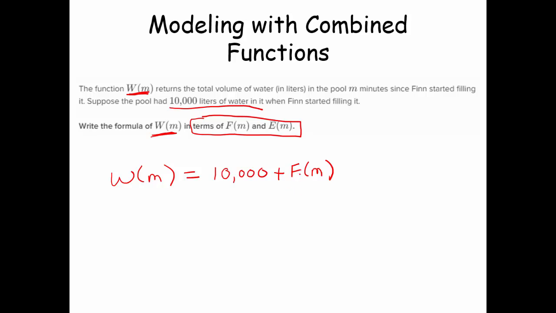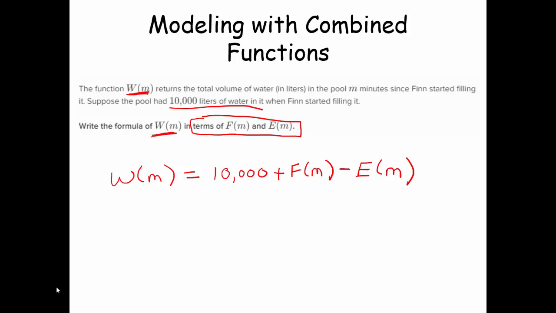But then remember, the water is also evaporating, so we're going to have to subtract off how much water has evaporated. So that right there is W of m, representing the amount of water in the pool after Finn turned on his hose for m minutes. And that's in terms of f of m and e of m.